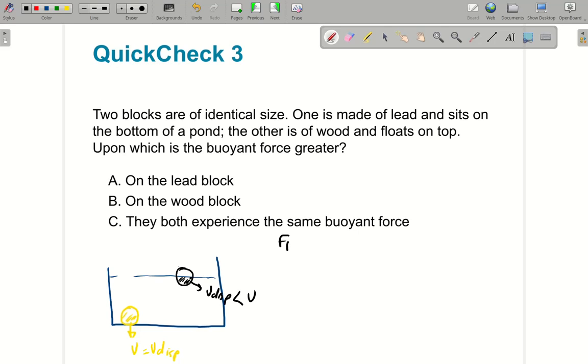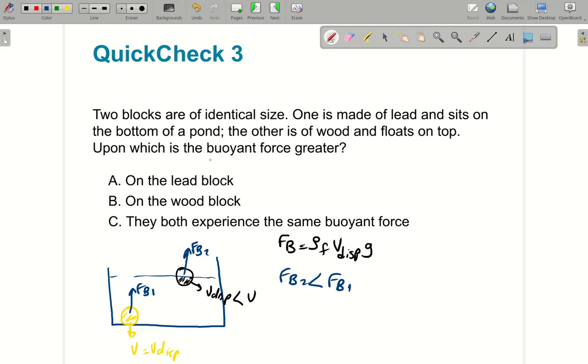Now using F buoyancy equals rho fluid times volume of the displaced fluid times g, if I show the buoyant forces on these two as F buoyant 1 and F buoyant 2, F buoyant 2 will be smaller than F buoyant 1, because it displaced less fluid.